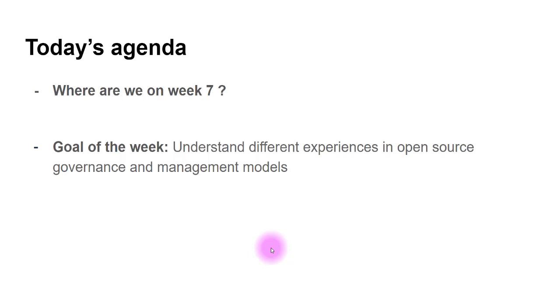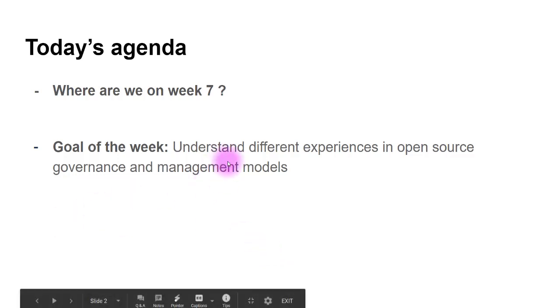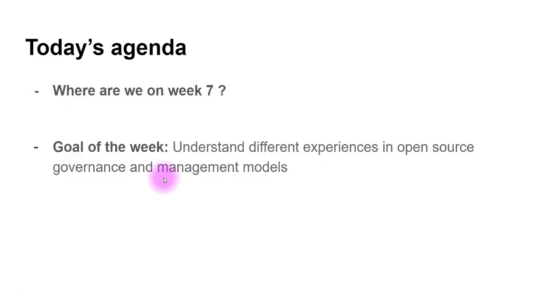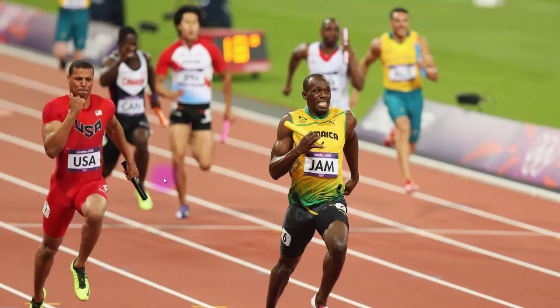We have been doing a lot. Briefly I'm going to talk about it, but the goal of this week is to understand the different experience in open source governance and management models. And yeah, we have been doing a lot of things.